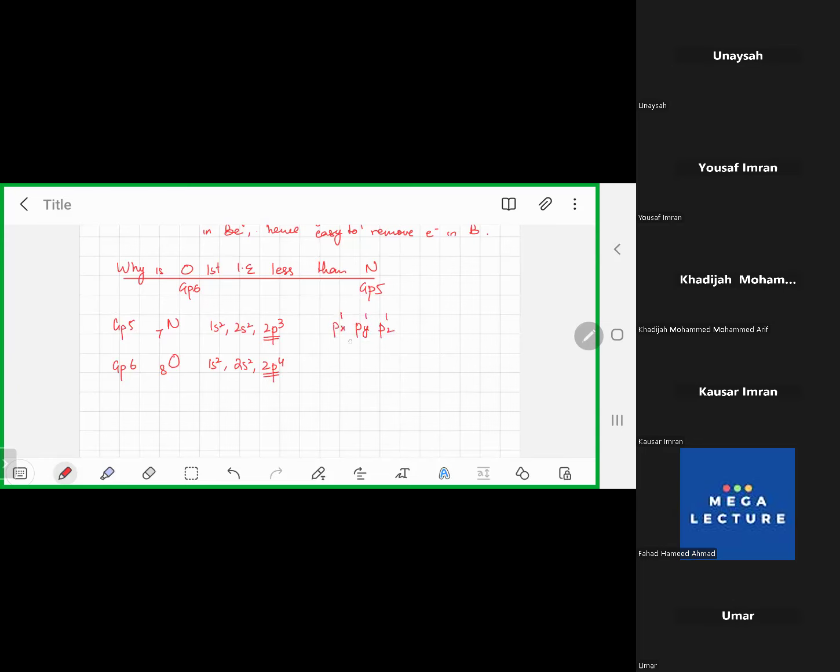But when you have p4, that means px, py or pz, the first one is going to have 2 electrons. So when your orbital has 2 electrons, the electrons will kind of repel each other, and that will kind of make it easier to remove electrons from oxygen. वो थोड़ा ज्यादा overcrowded हो गया ना आपका p orbital, right?